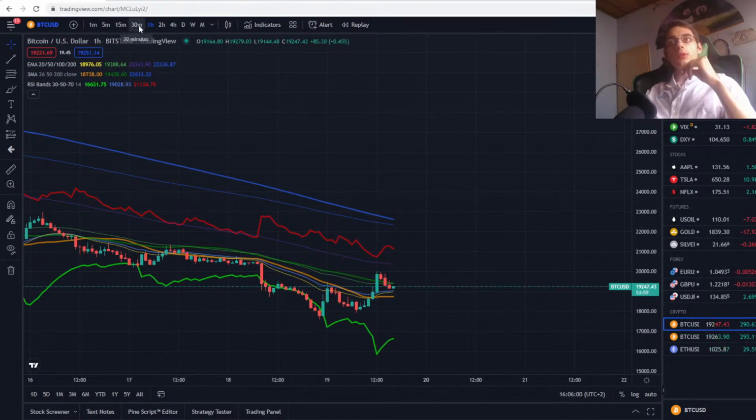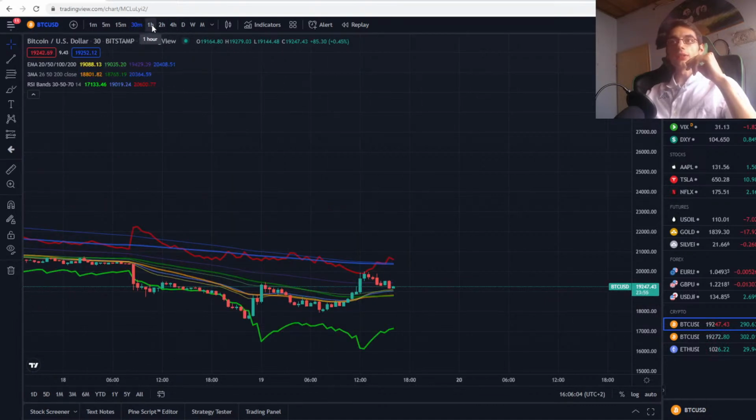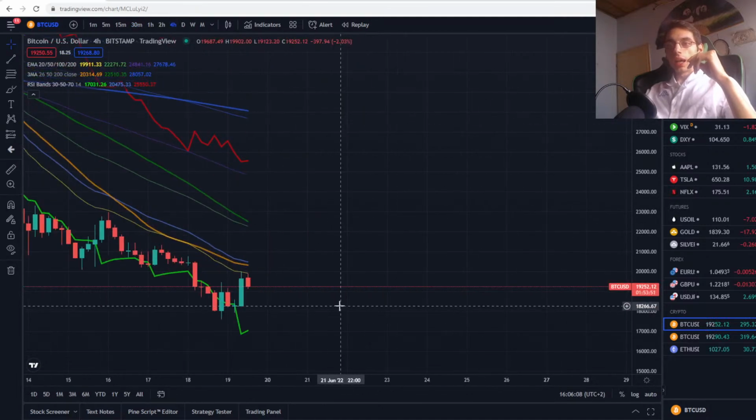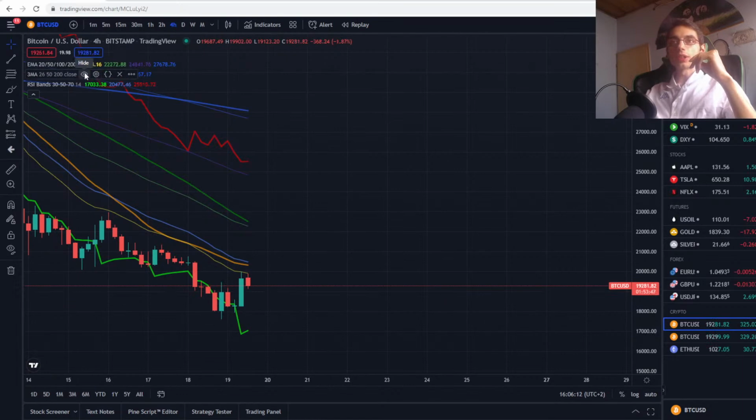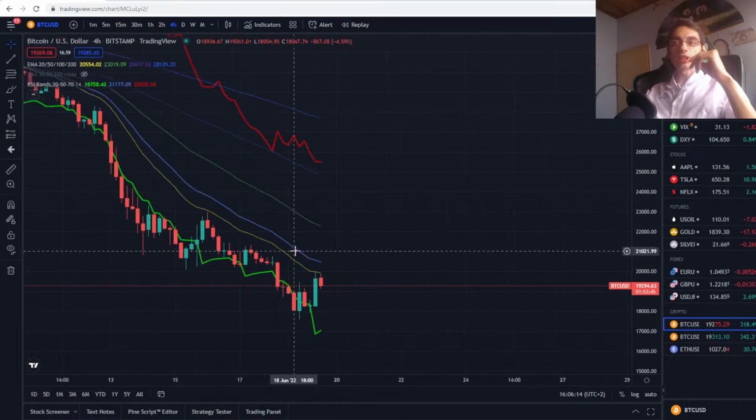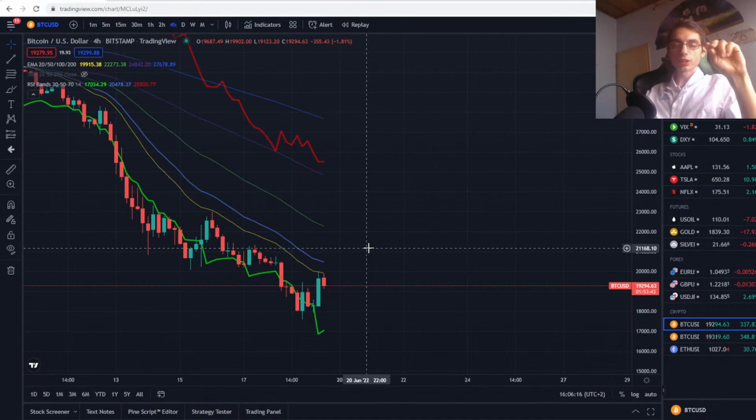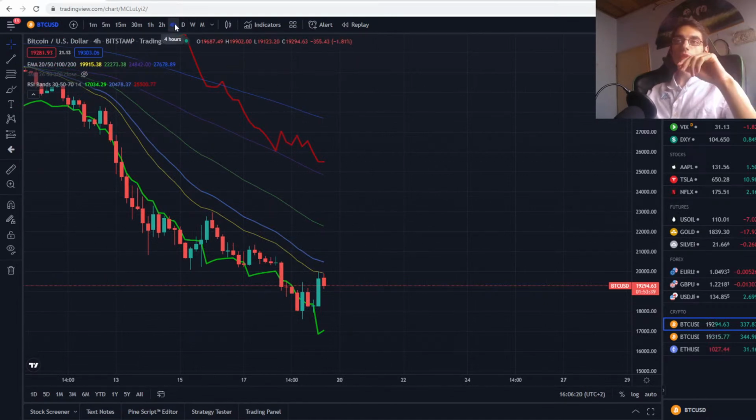For your question, we could look at the 30 minutes, up to maybe the 4-hour chart. As you see, let's take away the noise of the SMAs. SMAs are still good for the majority of time frames above the 4-hour, so 4-hour to a monthly chart.